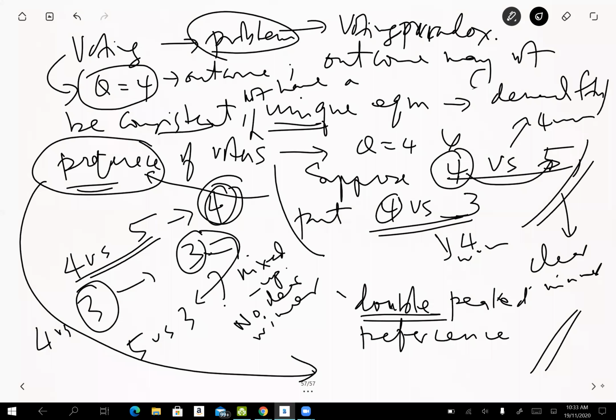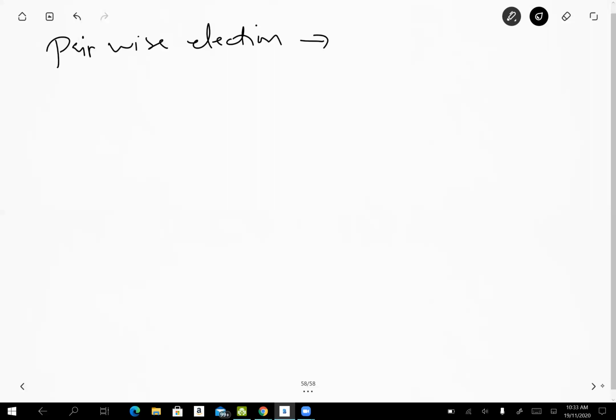So we're going to look at what you call here a pairwise election. That means we're going to have an election, one outcome or one choice versus another. So there are only two choices.